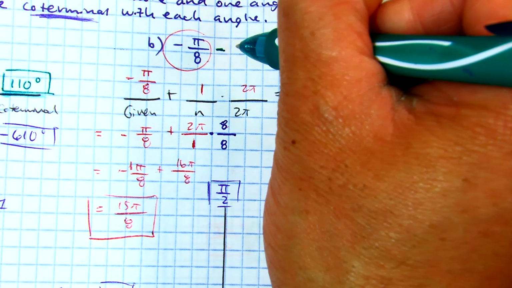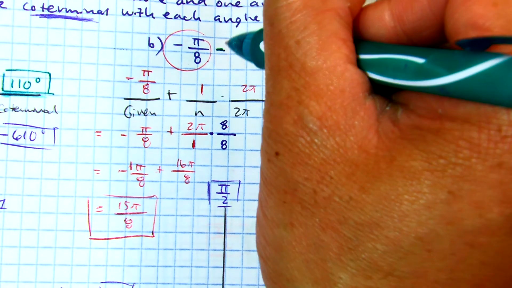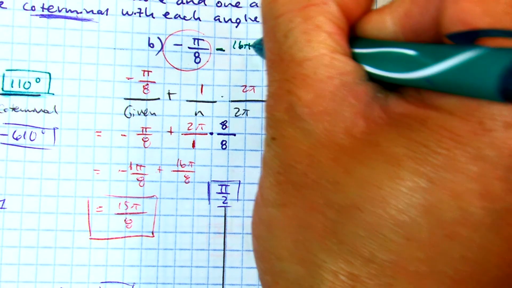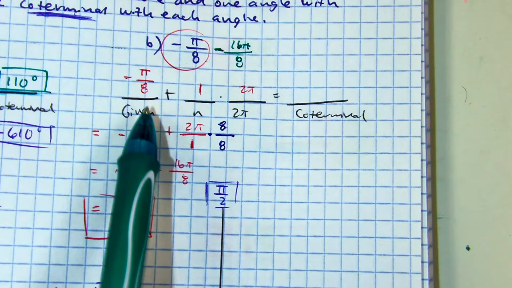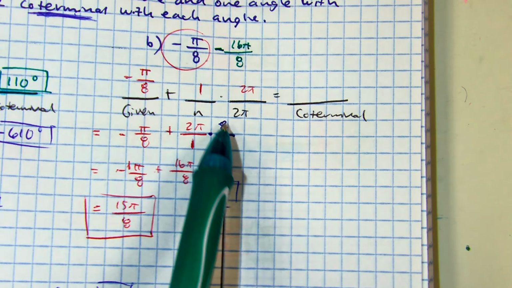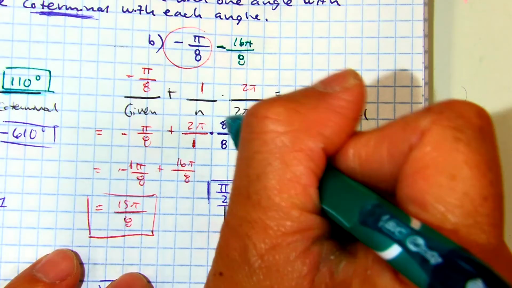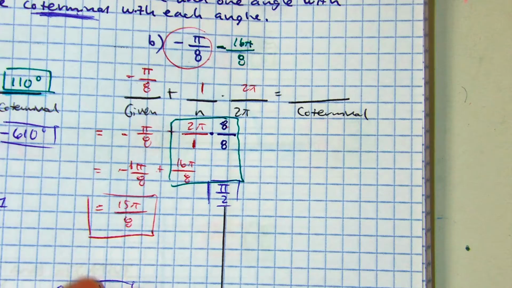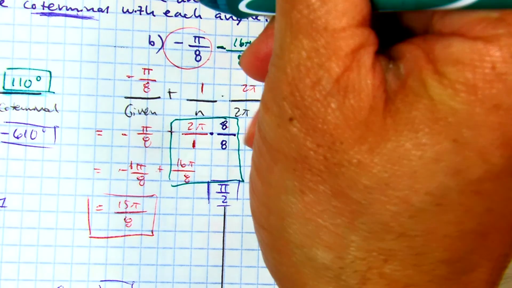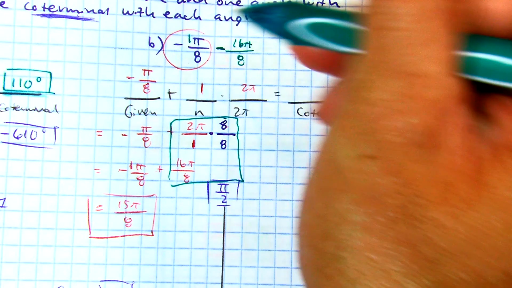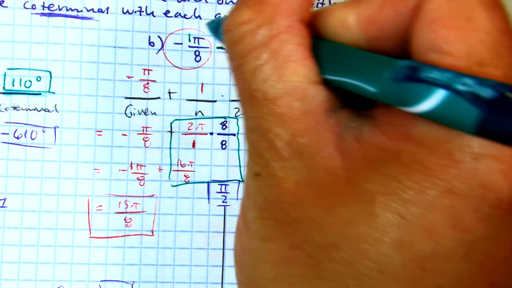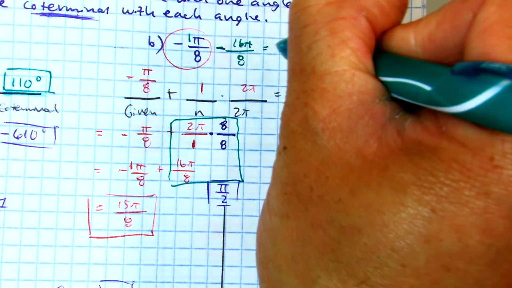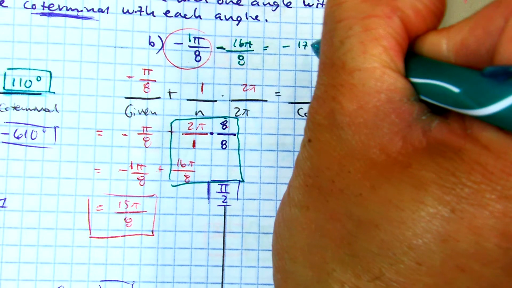Negative 16 pi. Yes. Instead of adding or subtracting 360, the equivalent of 2 pi, Cindy found out, was 16 pi over 8. So you don't have to do all that work again. And now if I subtract them, Brian, negative 1 minus 16. Negative 17 pi over 8.